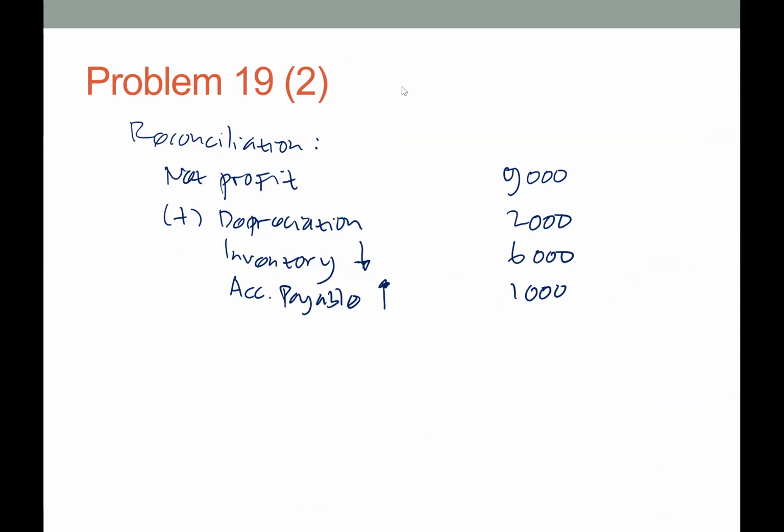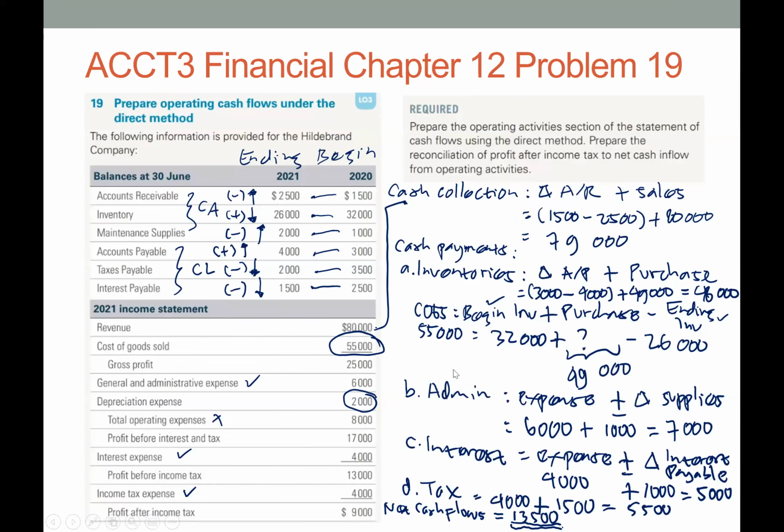Sorry, sir. Just a question. If you go back to the last page, for the indirect method that we're using, are we supposed to use everything that's non-cash, or everything in the balance sheet that we have to rectify back?